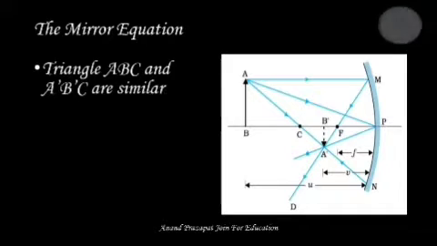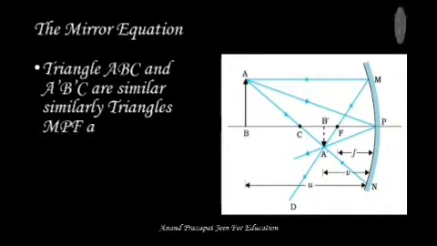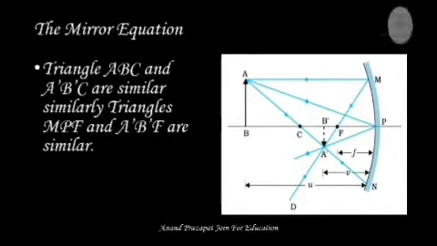So this is a figure through which we try to get the mirror equation. This is an object placed on the principal axis of the mirror, and this is the image which we get after reflection from the mirror. C is the center of curvature, F is the main focus of the mirror.